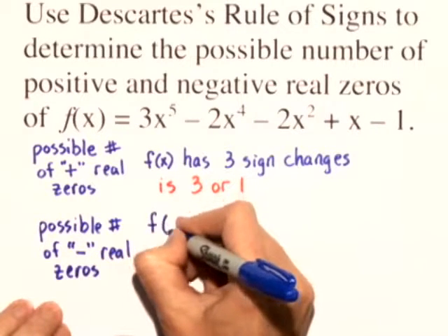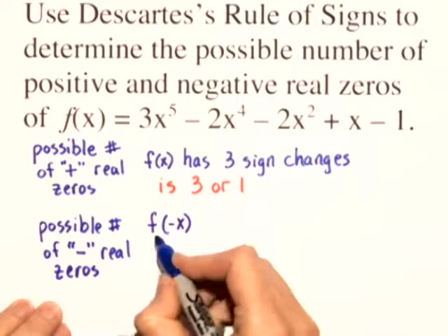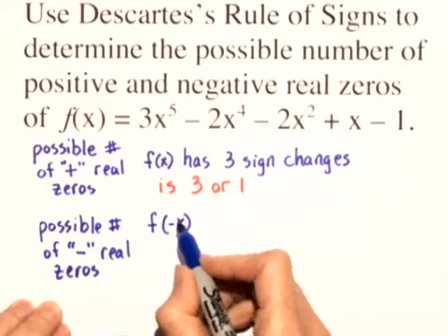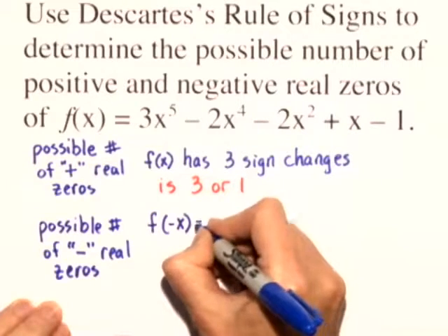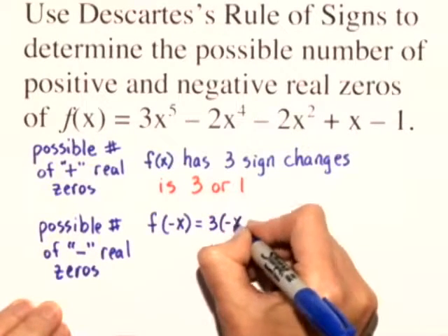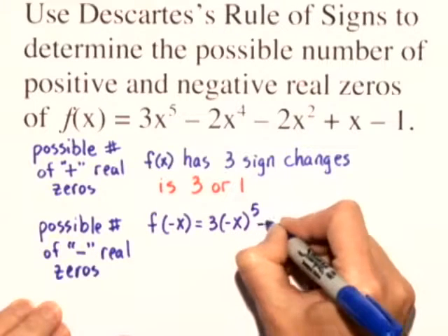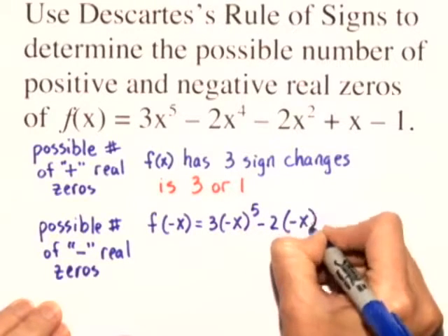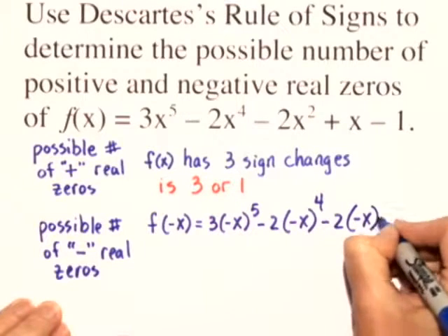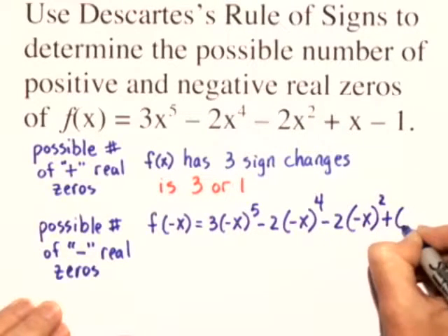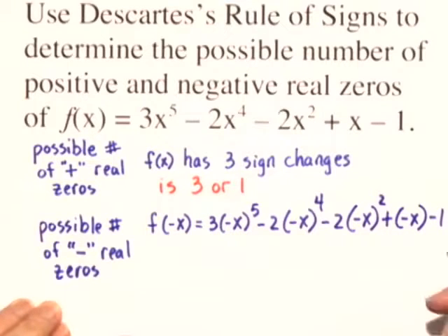So we need to do a little calculating here. F of negative x means we substitute negative x everywhere we see an x in our original function. And we get 3 times negative x to the fifth minus 2 times negative x to the fourth minus 2 times negative x squared plus negative x minus 1.